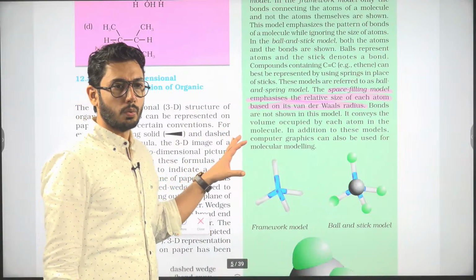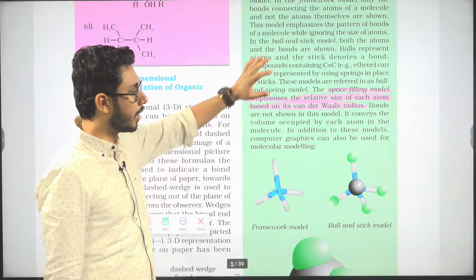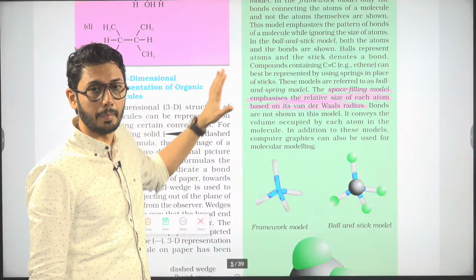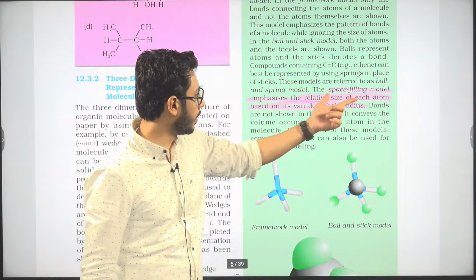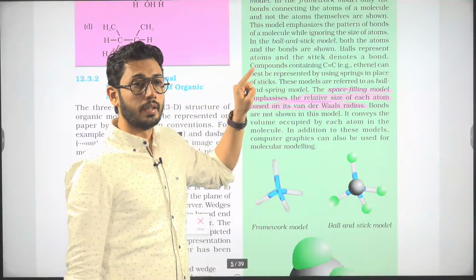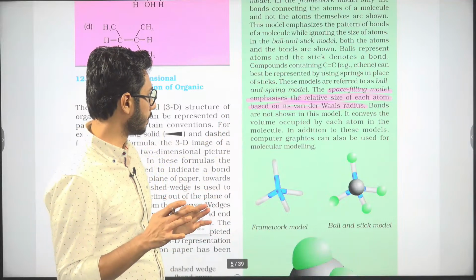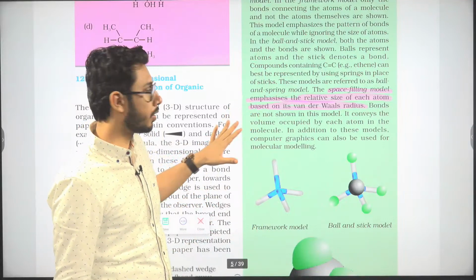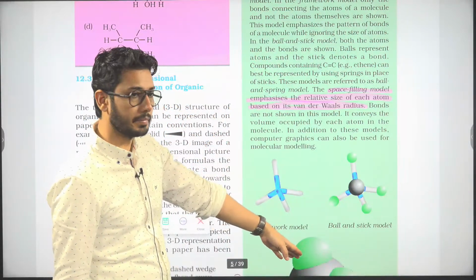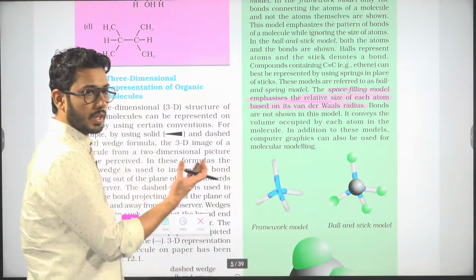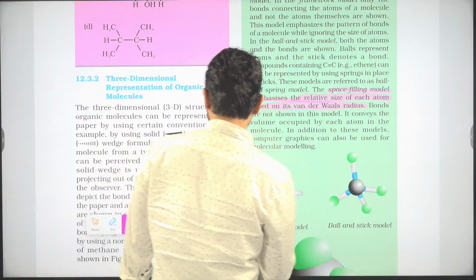Class level basic questions. NEET level chances are less for this. It is given here, so we will still read it. That is our habit. Okay, so the space filling model emphasizes the relative size of each atom depending upon their van der Waals radius. Bonds separately we are not going to show, and this is given here. Okay, so this is the general representation of the structure, practically.